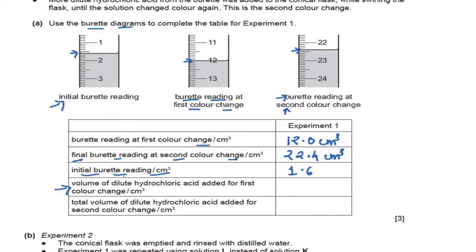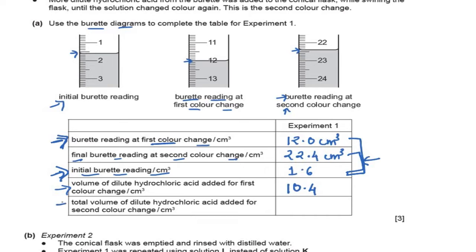To find out the volume for the first color change, we need to find the difference of these two readings, that is, the difference between the first color change reading, 12.0 centimeter cube, and the initial burette reading, 1.6. That difference is 10.4 centimeter cube.